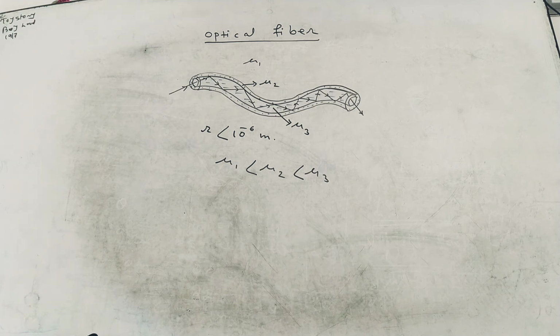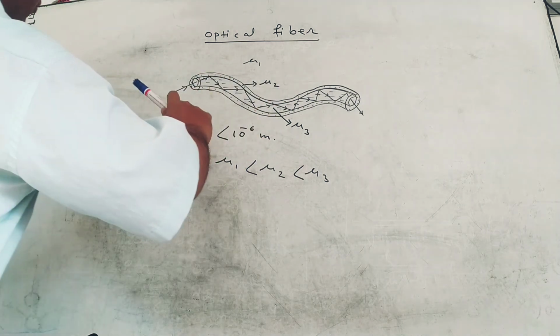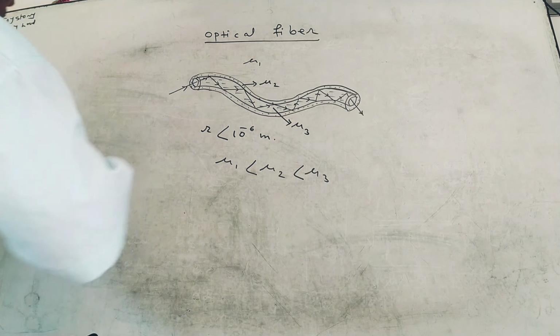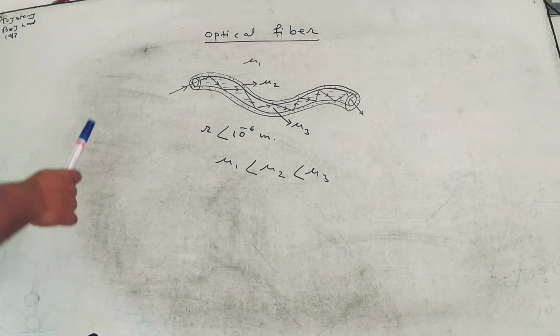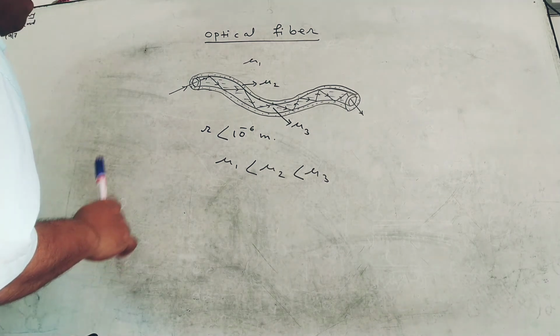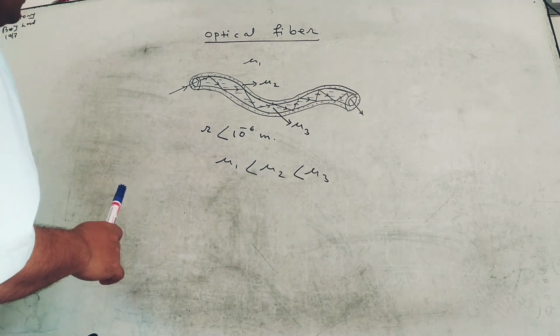Now I am going to discuss the working principle of an optical fiber. This is a figure of an optical fiber. An optical fiber has mainly three parts.